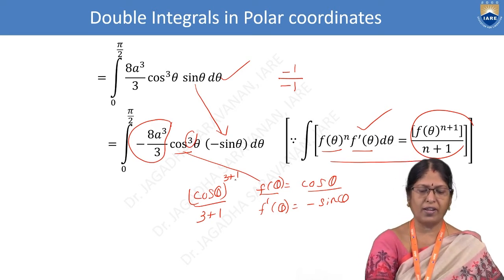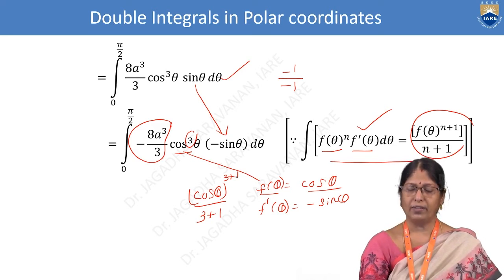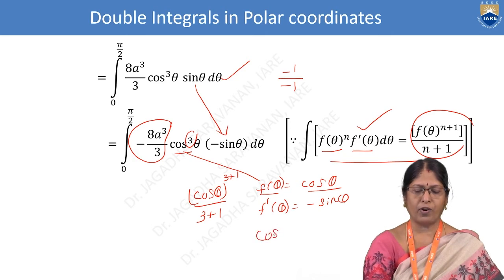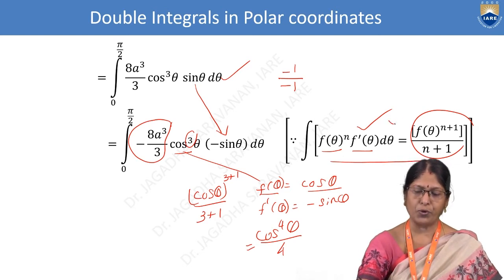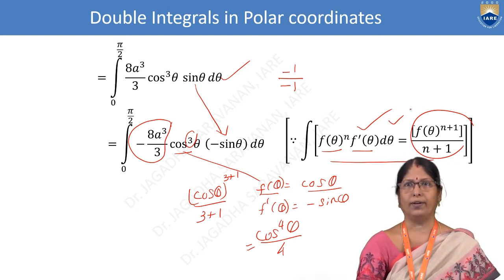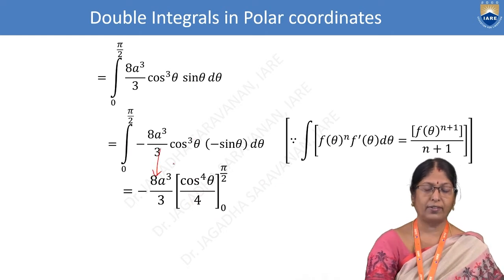So we are getting cos power 4 theta by 4. This is the result we got after substituting in this formula. So it is written as it is.